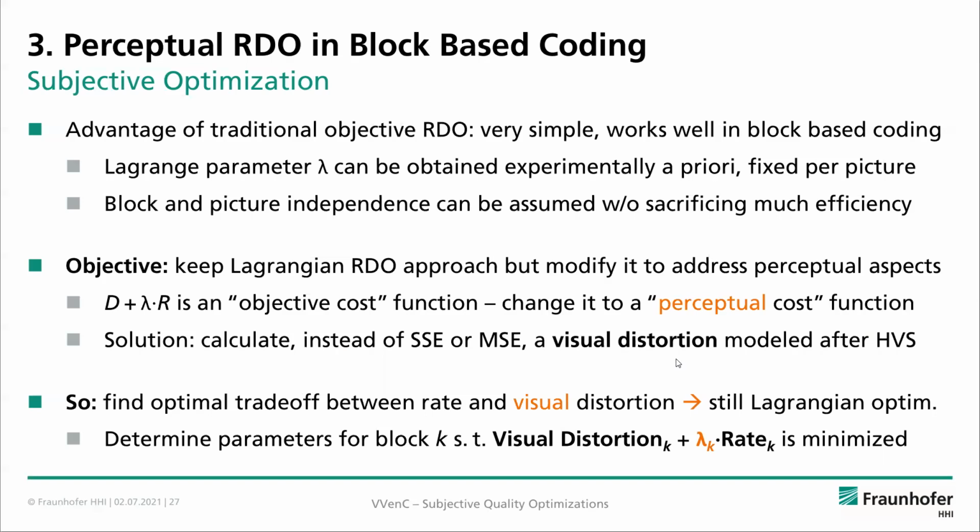So to summarize, we would like to determine the coding parameters now such that visual distortion plus some blockwise constant times the rate for the given block is minimized.